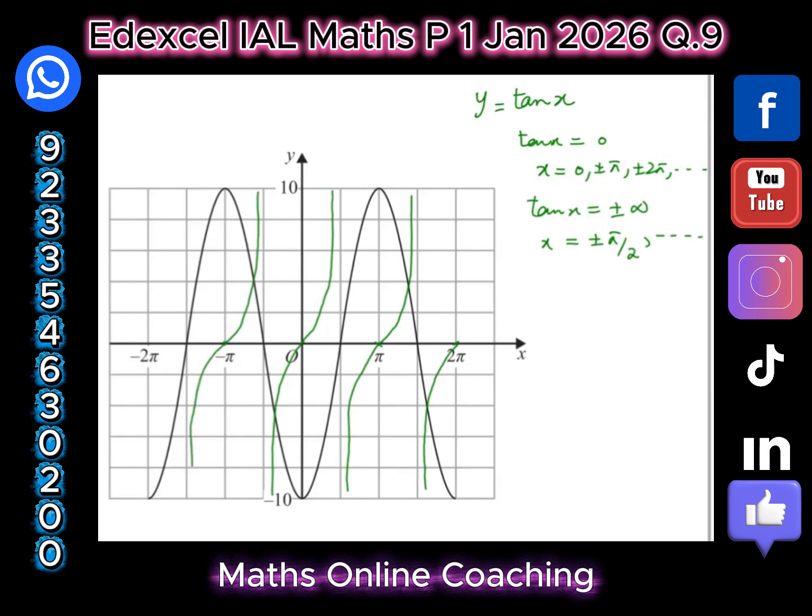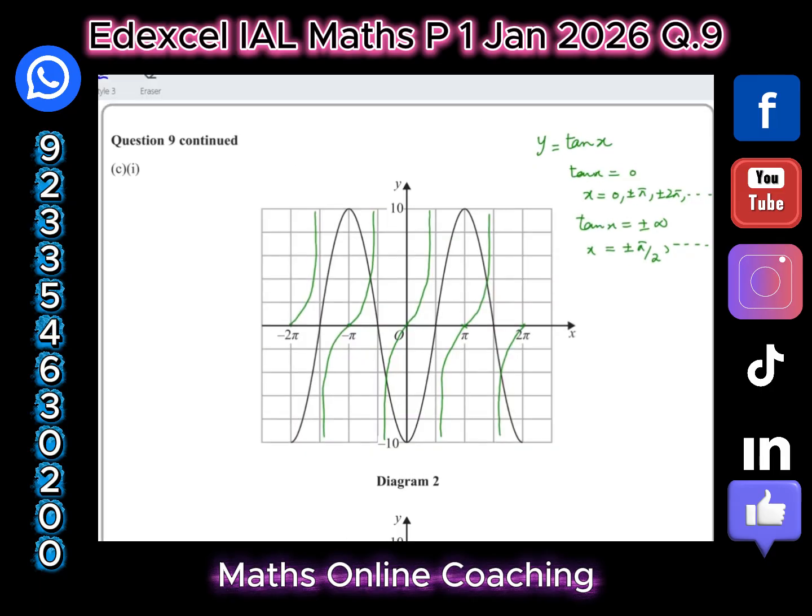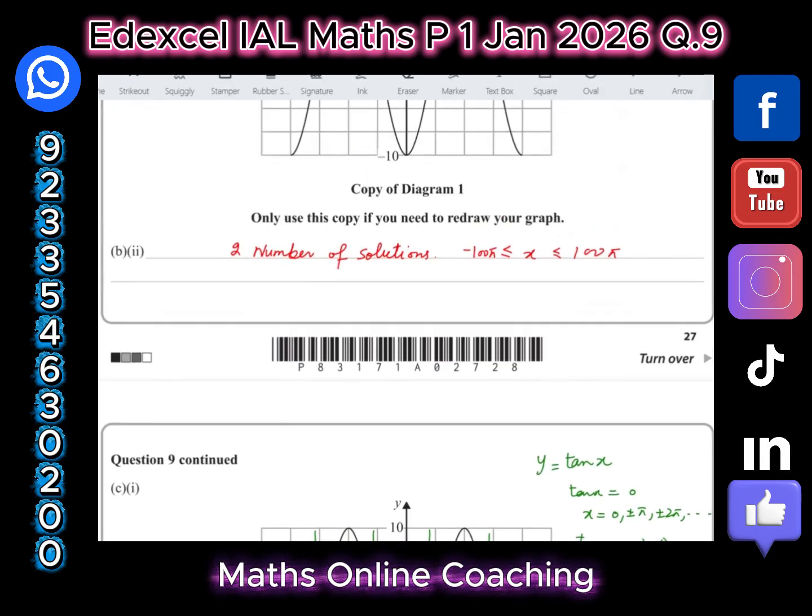Similarly, towards minus infinity. And then this is 0 at minus 2 pi and moves towards infinity. So this is the graph of the tan function within the interval minus 2 pi to 2 pi, which completes part 1.